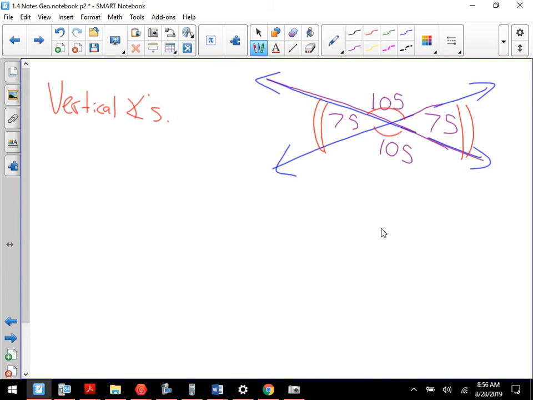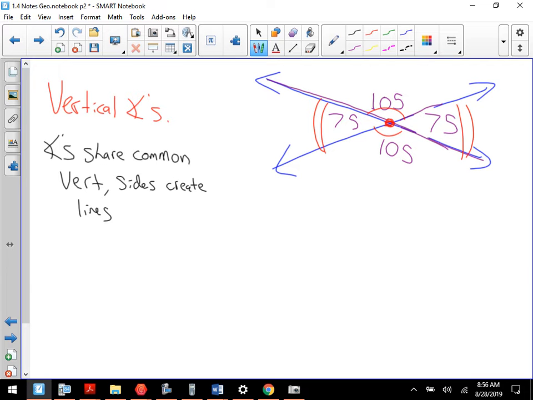Vertical angles are angles that share a common vertex. The common vertex was here. Angles share a common vertex, and their sides create lines.